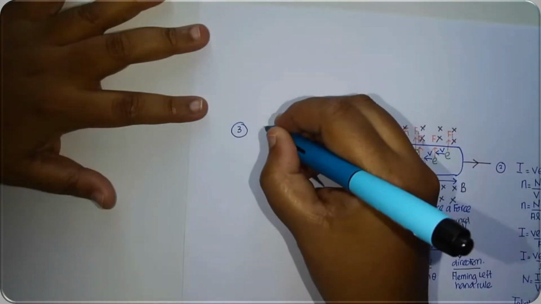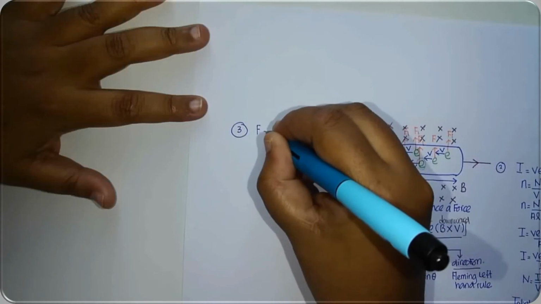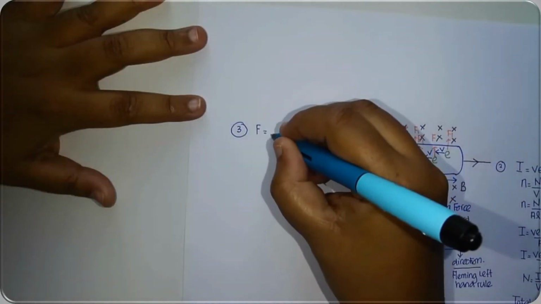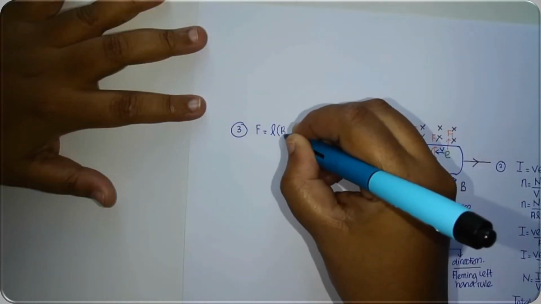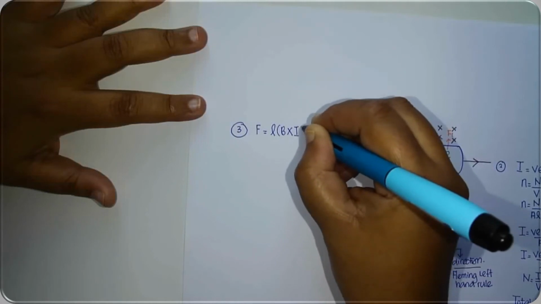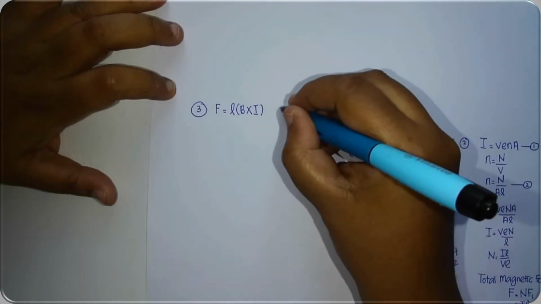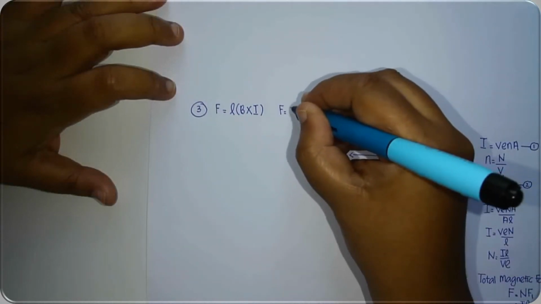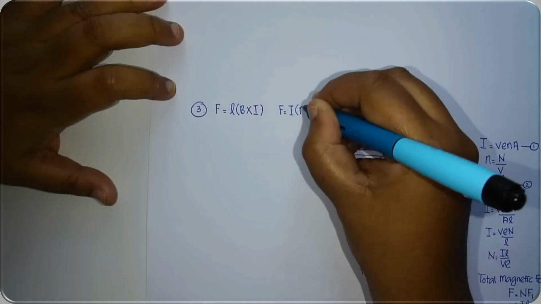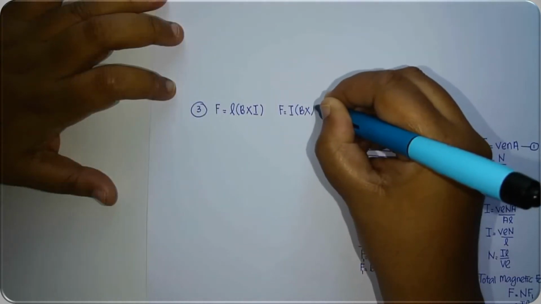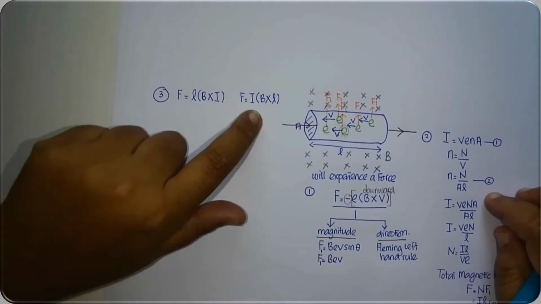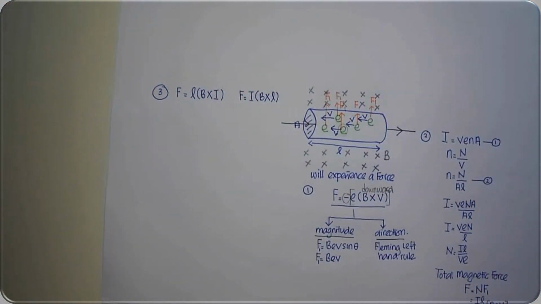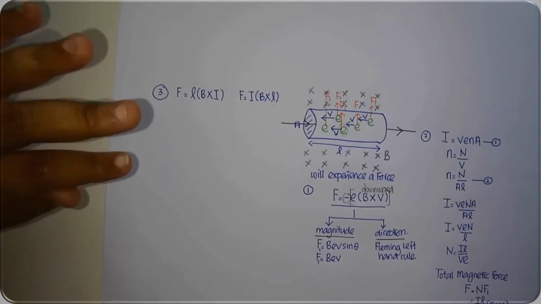The first way, I can write it as F equals L cross B, or I can write it as F equals I cross B. What's the difference between these two ways?